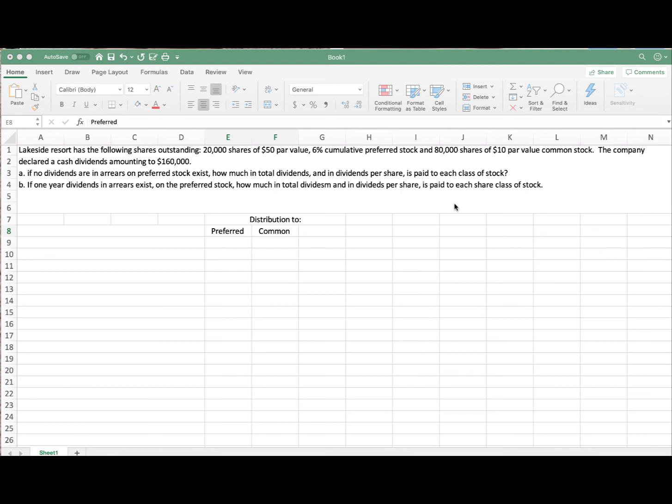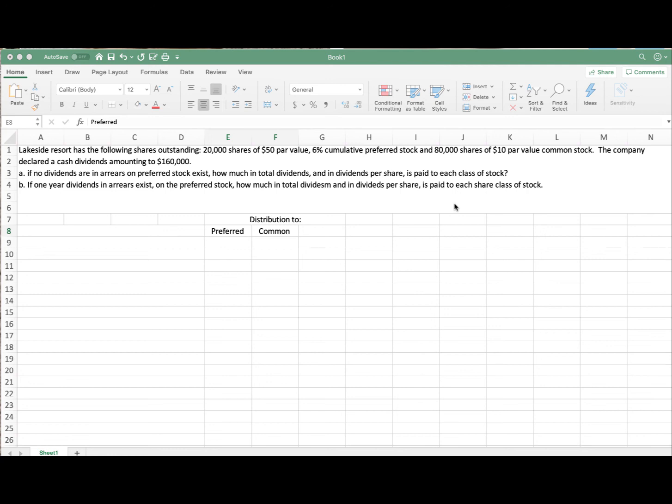Now, part A says if there is no dividend in arrears on preferred stock, meaning we're up to date, we need to calculate how much in total dividends and dividends per share is paid to each share of stock. Super easy.